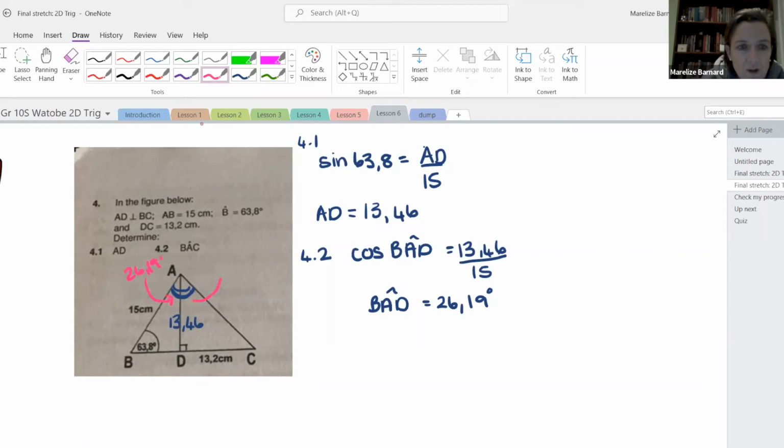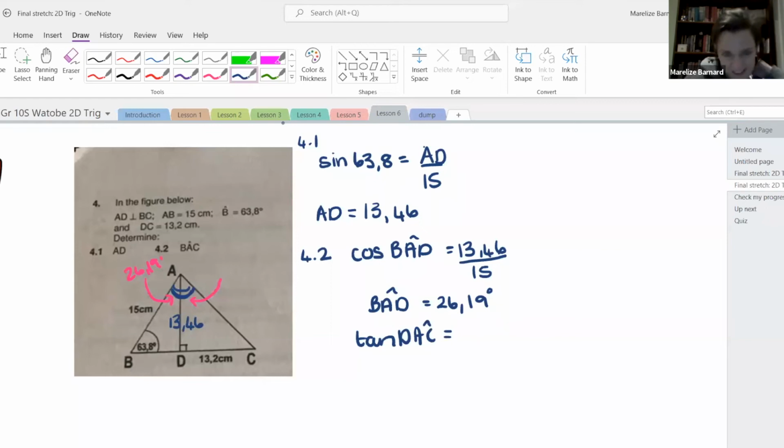And now we're going to solve for DAC. For DAC, we're going to say that's opposite and adjacent. So tan of DAC. No problem, Amahle.